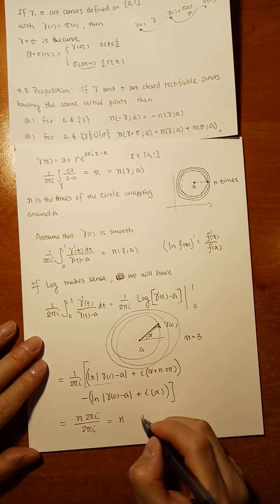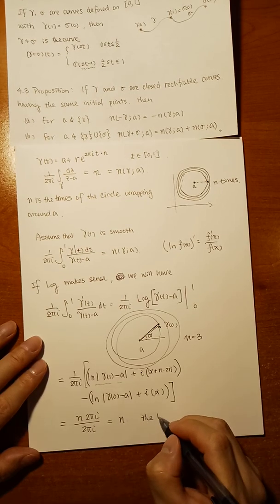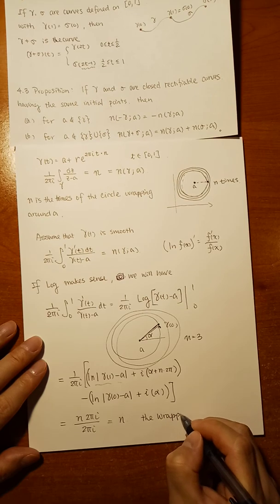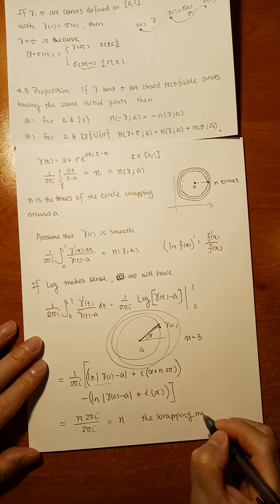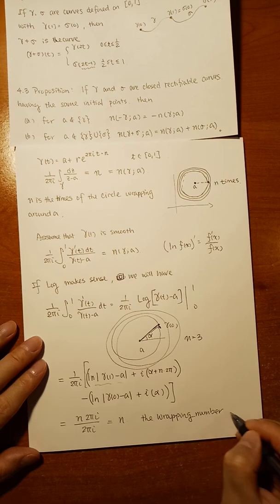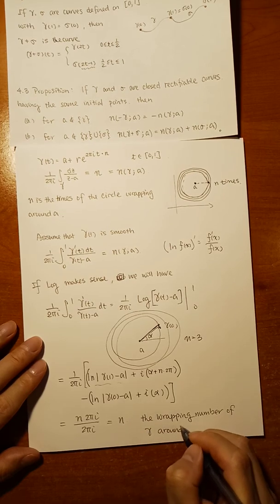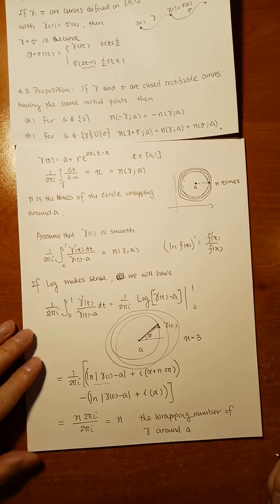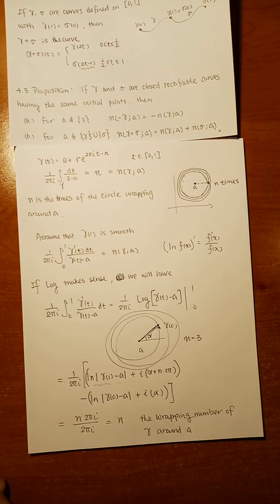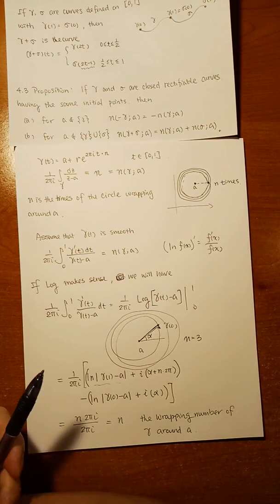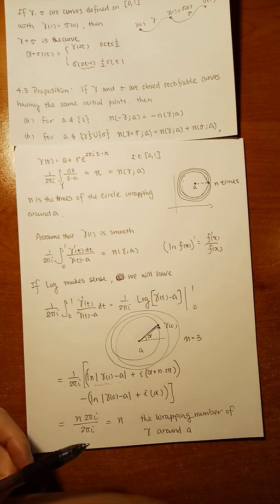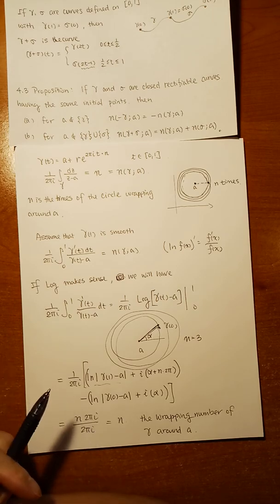So it's still the wrapping number of gamma around A. So this is definitely the wrapping number of gamma around A. That is the reason we call it the winding number, a different word but with the same name.